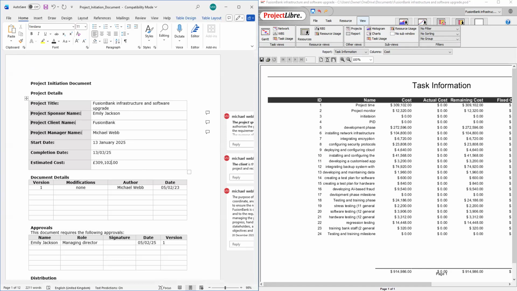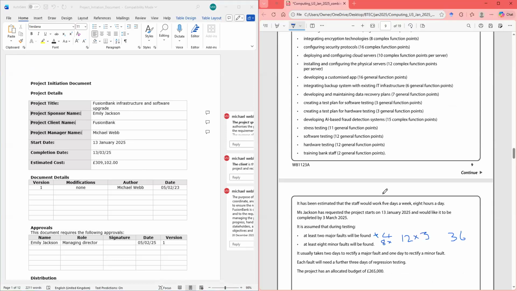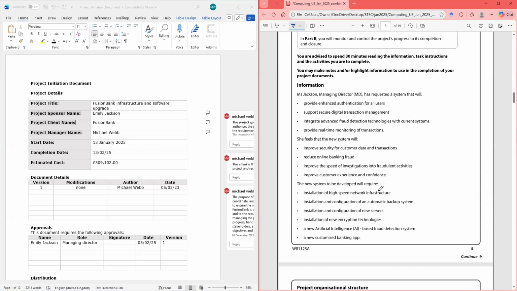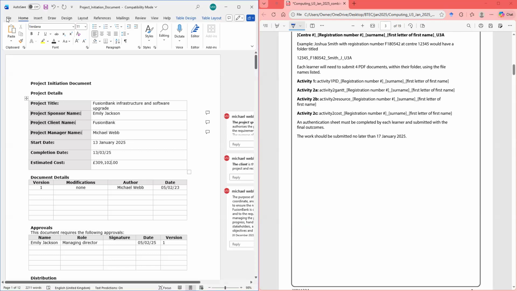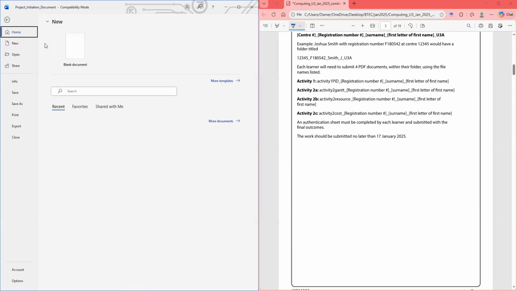Let's go back to our set task brief, and we're going to save it. The first thing we do when we go in the exam, we save our PID in this format. So we're going to do File, Save As.